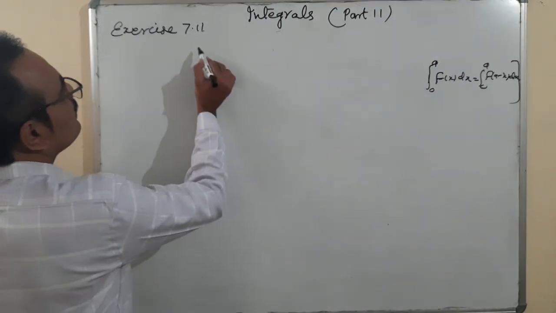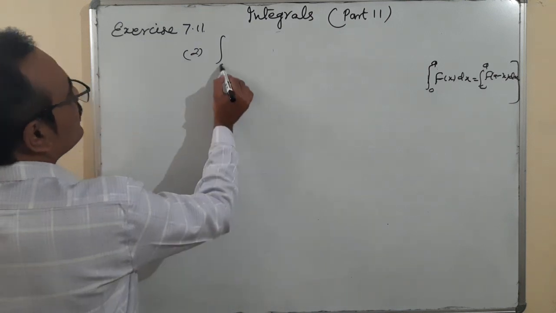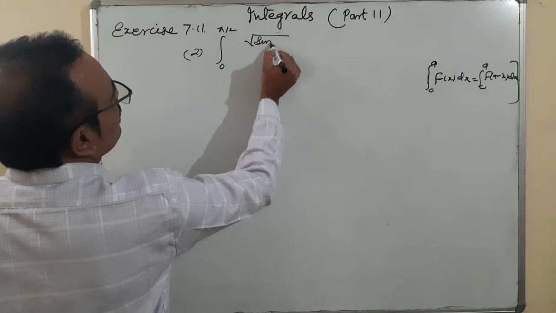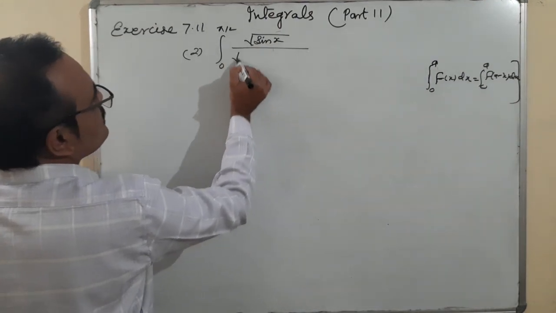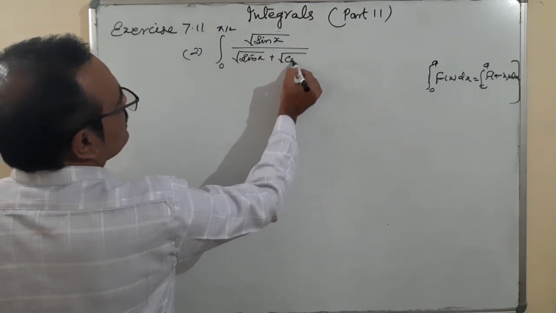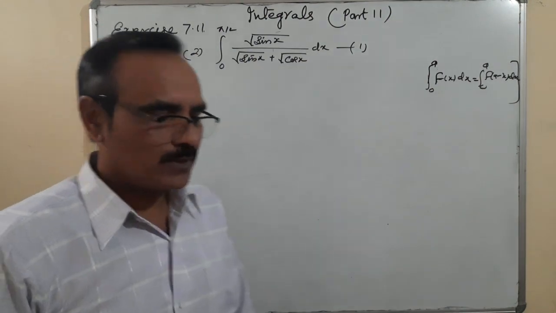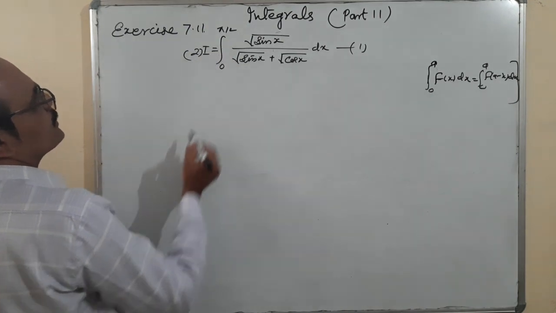Number 2, 0 to pi by 2, under root sin x upon under root sin x plus under root cos x. Okay, this you can give as equation number 1. The question is treated as I is equal to.